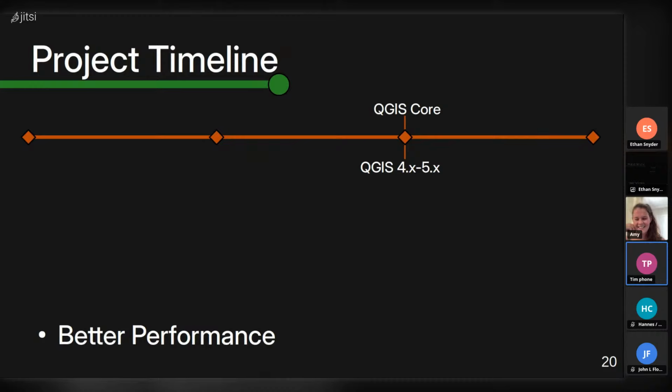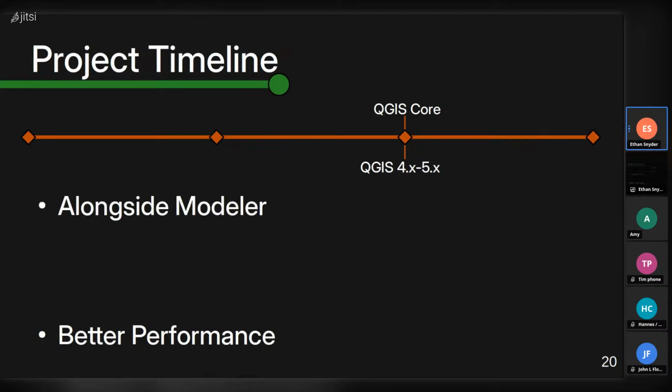Okay. So an idea is to eventually put it into QGIS core. The timeline would be either late QGIS 4 or QGIS 5. The idea behind putting it into core would be that at least at first it would be alongside the existing graphical modeler.